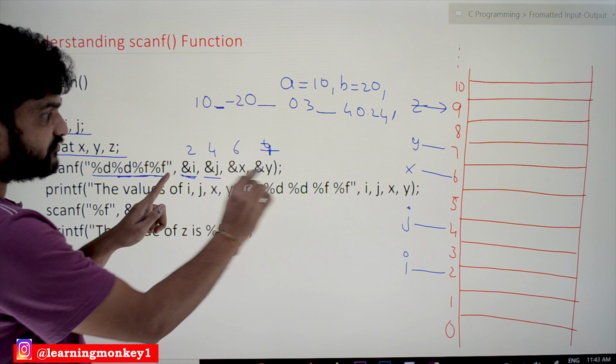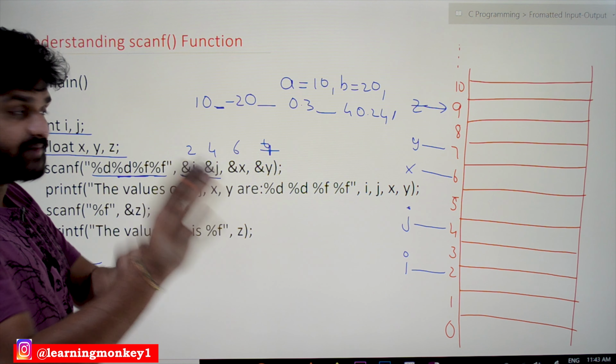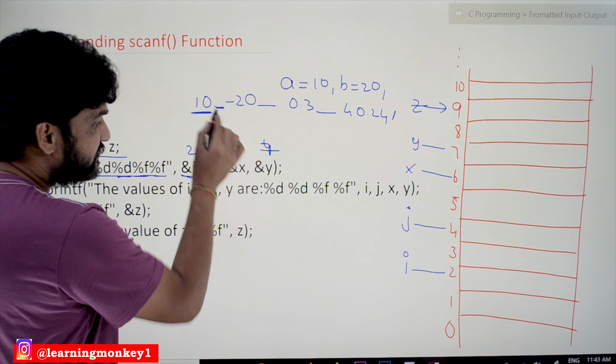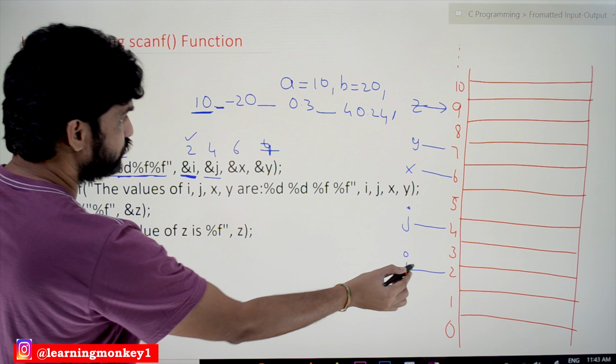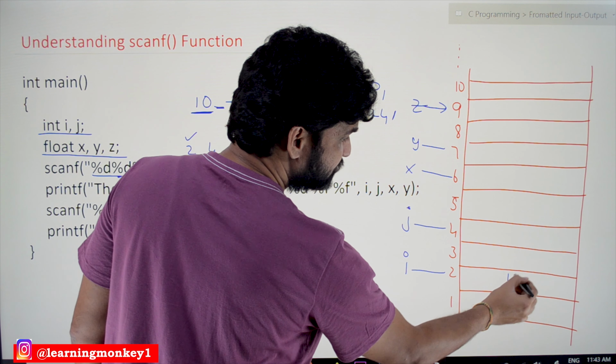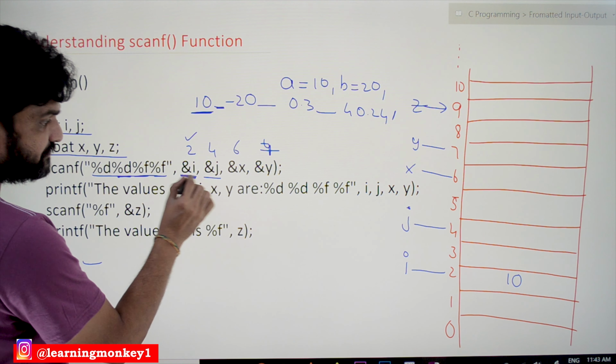Now with the execution of this line of code, what happens is, in the address of i, that is location 2, value 10 will get stored. So that is the use of ampersand i.